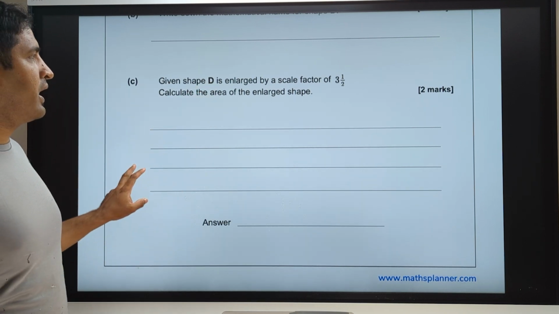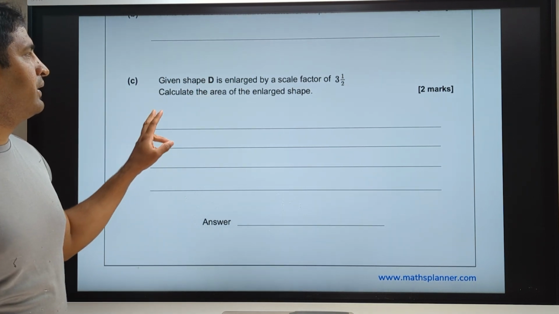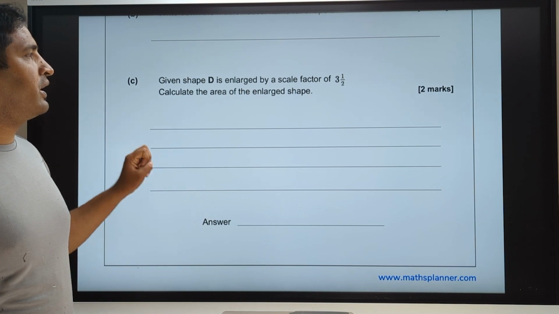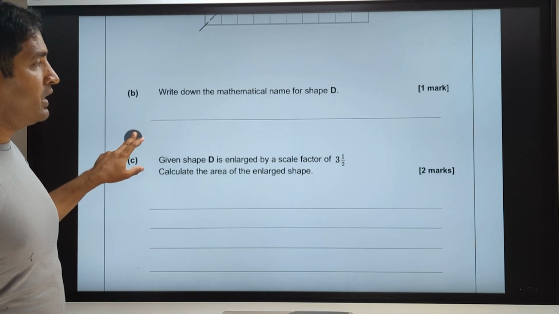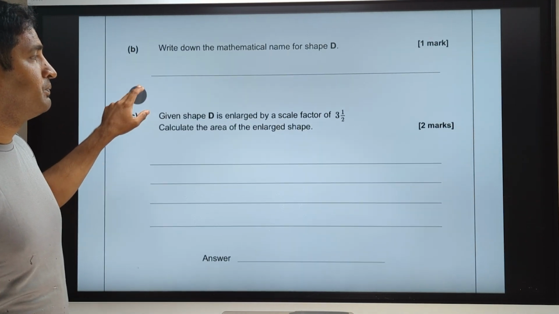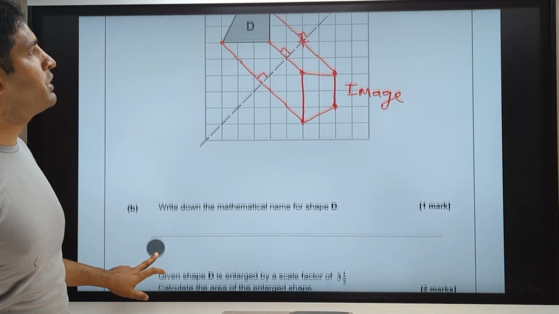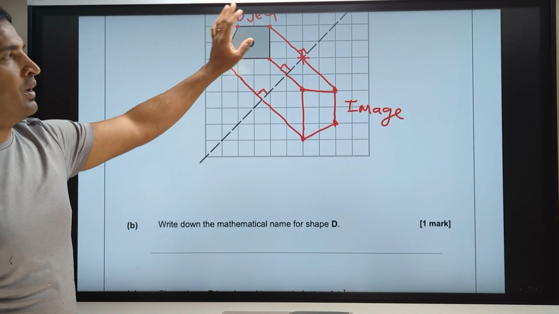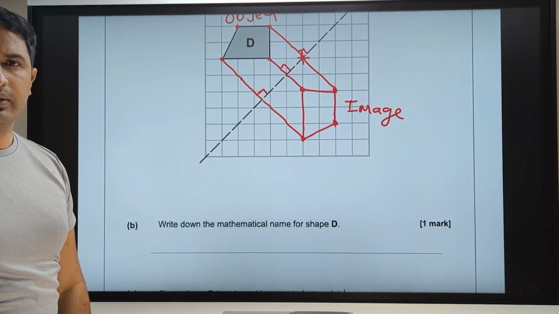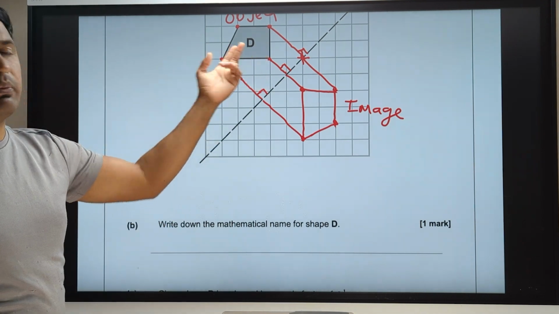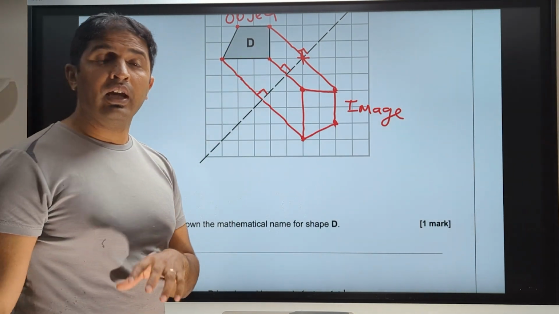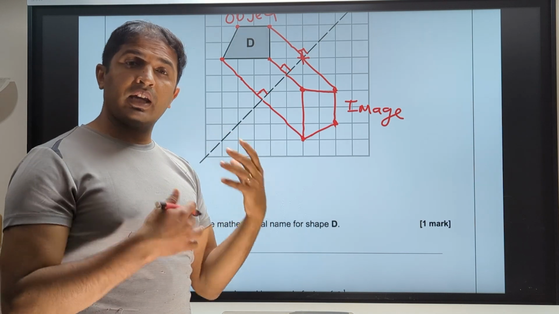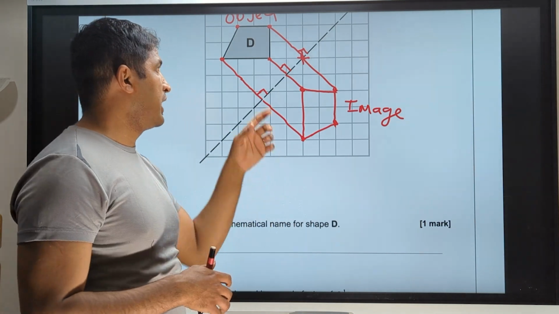Given the shape D is enlarged by scale factor 3.5, calculate the area of the enlarged shape. Okay, so we need to work out the area. Okay, so each one of these lengths has been multiplied by 3.5. So we can work out what each one of those lengths is going to be. That's the easier version. Work out what the size of the bigger shape is going to be.